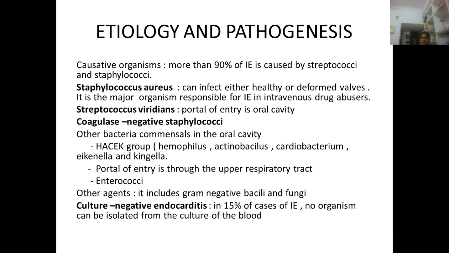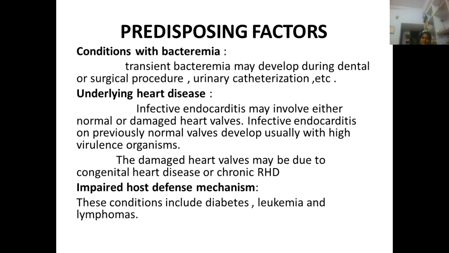In culture negative endocarditis, seen in about 50% of cases, no organisms can be isolated from the blood culture. So these are all the organisms: streptococci, staphylococci, coagulase negative staphylococci, gram-negative bacilli, fungi, and culture negative endocarditis.